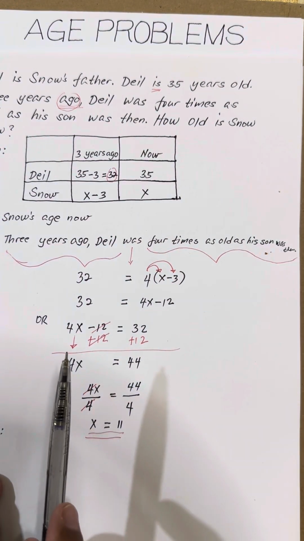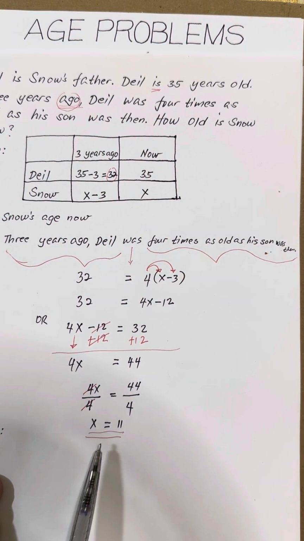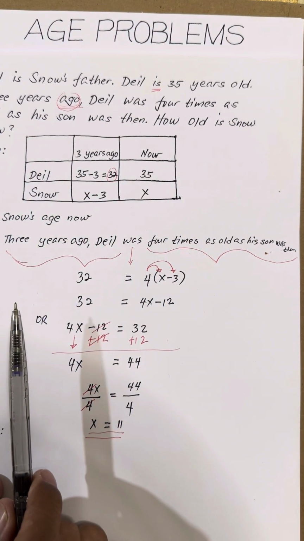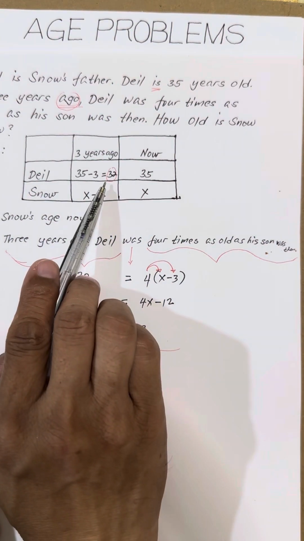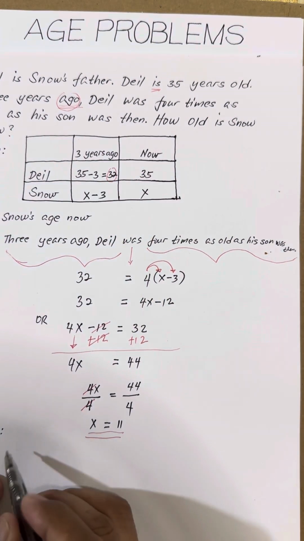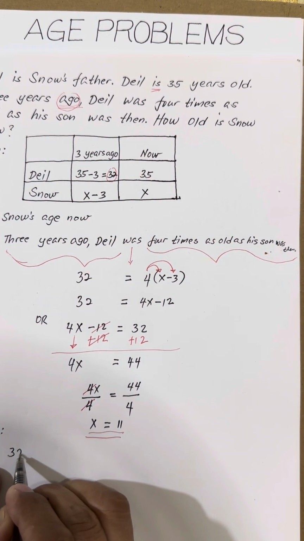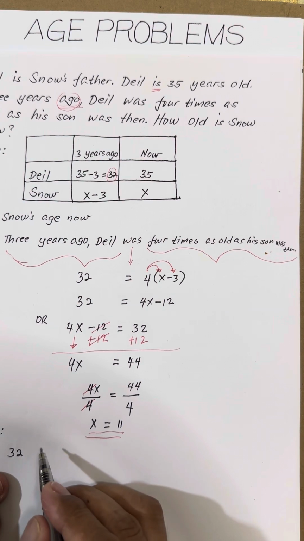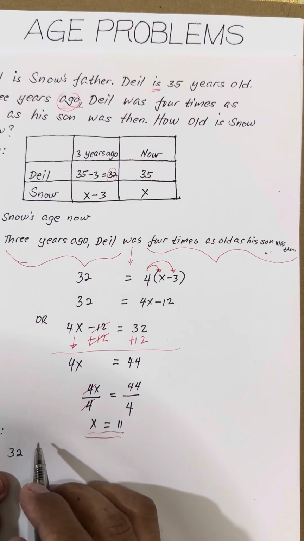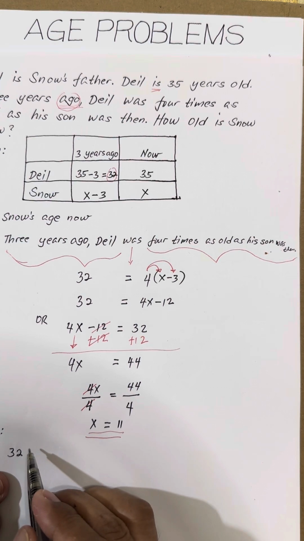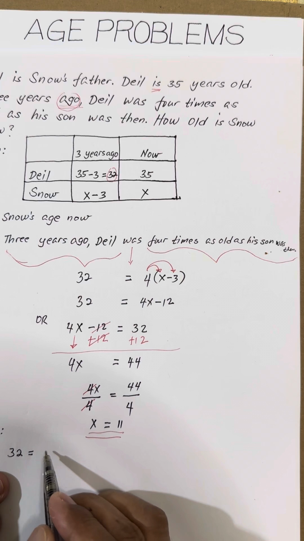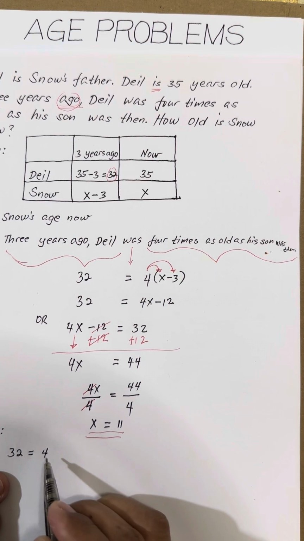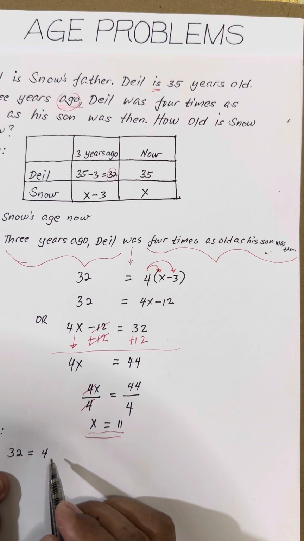Let us see if this value satisfies this condition. 3 years ago, Dale was 32 years old, right? It says that Dale was 4 times as old as his son. So "was" means equals, 4 times as old as his son was.